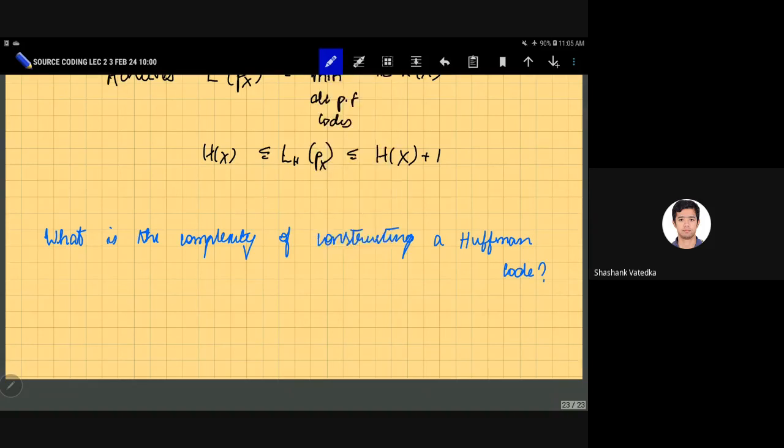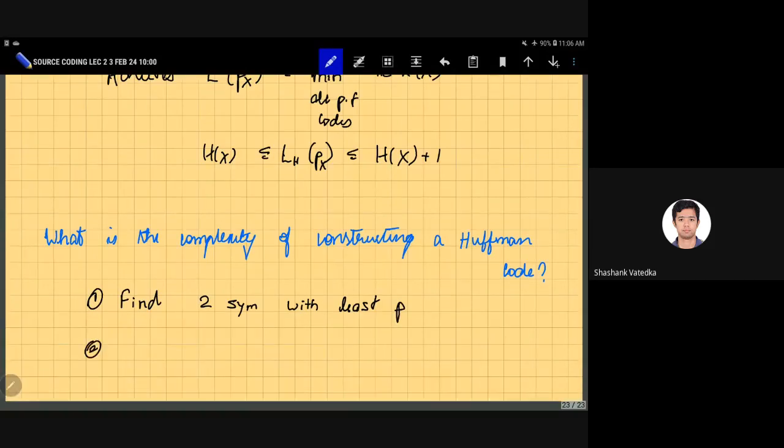So recall, how do we construct the Huffman code? We do it in steps. First, find the two symbols with the least probability, and then merge them.